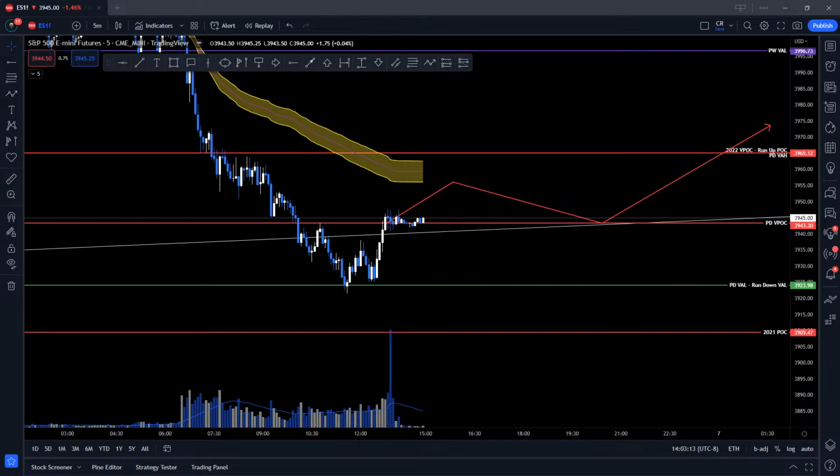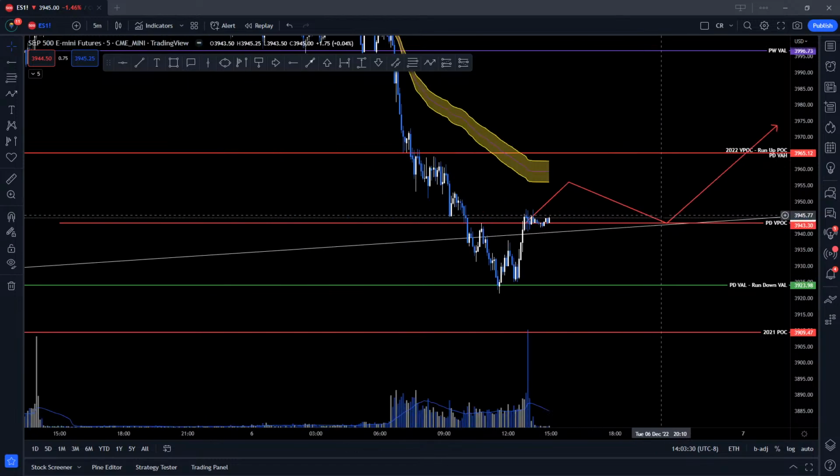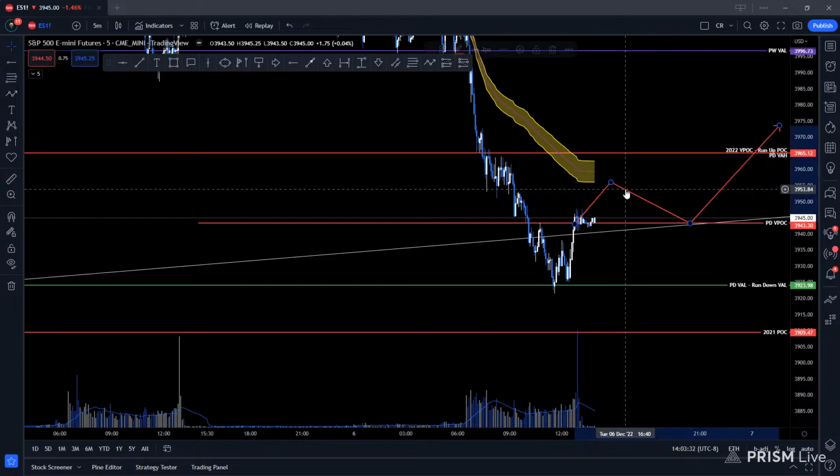I highly recommend clicking on that link and buying the book. It's like an $8 book, and he details really well how to use volume profile and how to trade based off of it. I think it simplifies trading quite a bit.